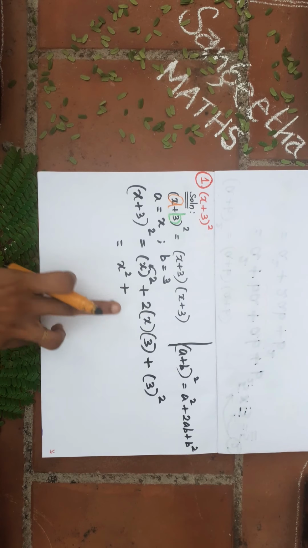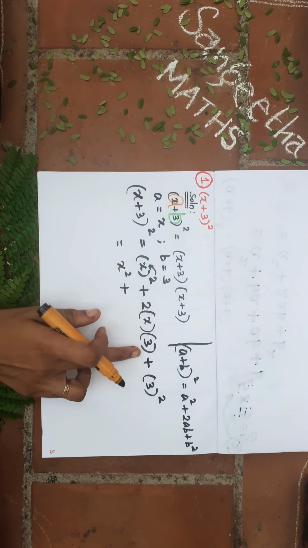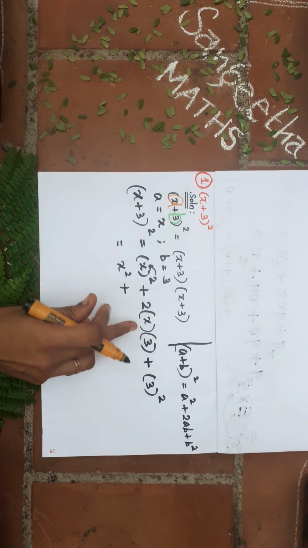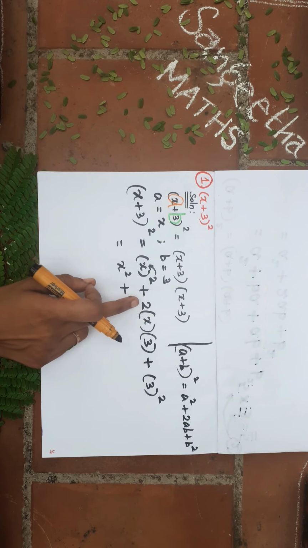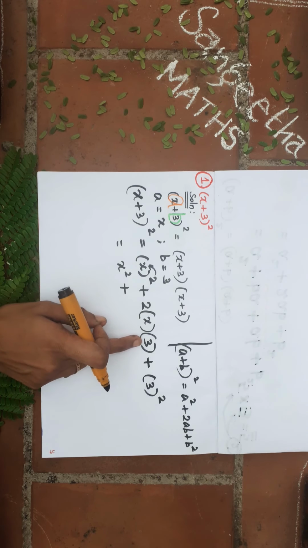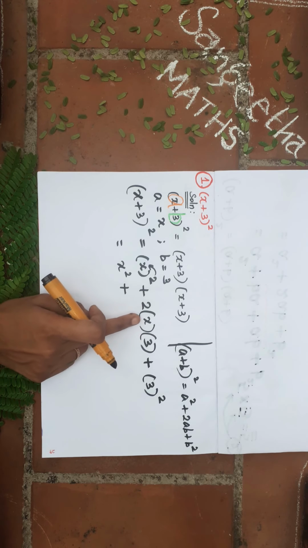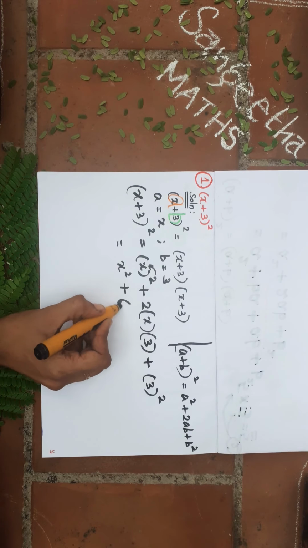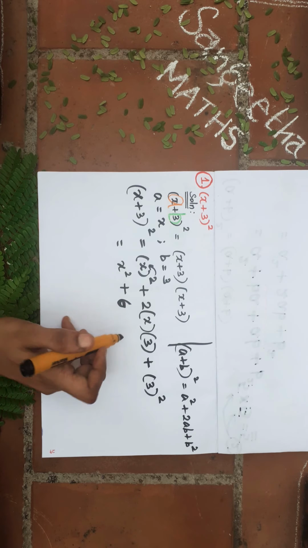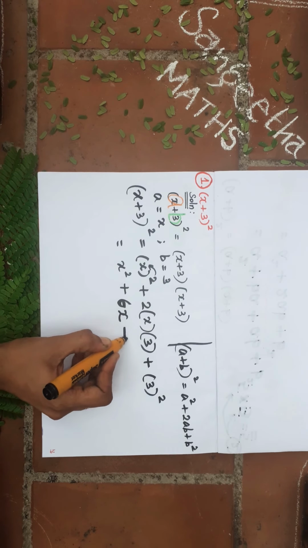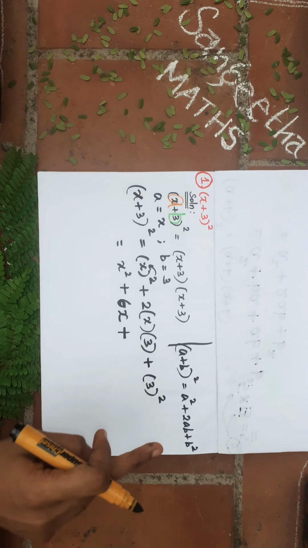It's all positive, so positive sign. When you multiply the numbers, you get 2 into 1 into 3. 2 into 1 is 2, 2 into 3 is 6, and there is no other variable other than x, so 6x. Plus, this is very important, 3 square.